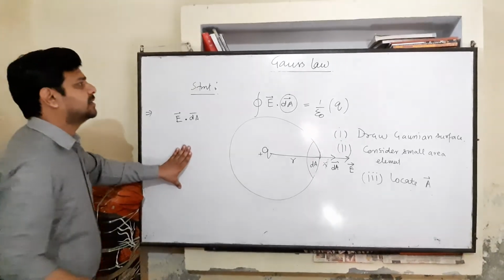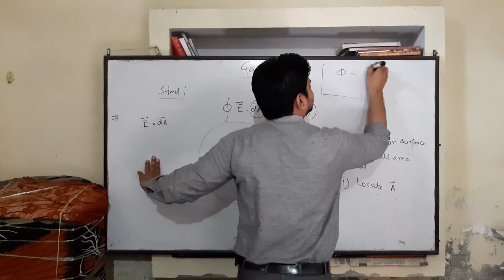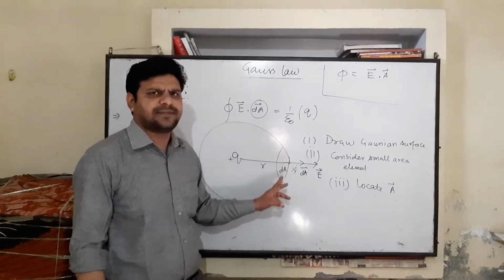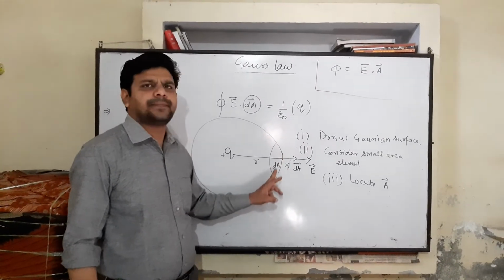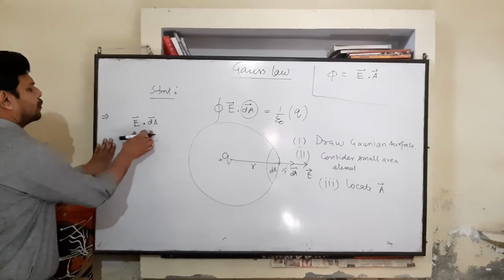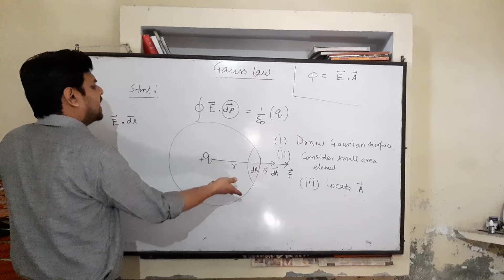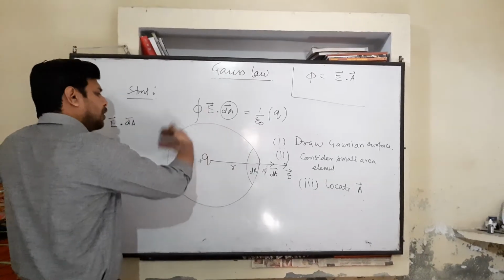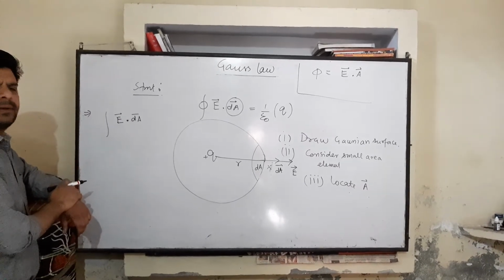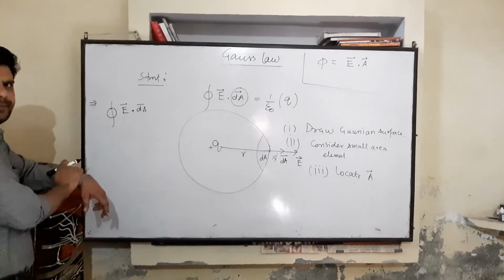I have told you the formula for electric flux passing through any surface is E dot A. If we want to calculate the electric flux only through this small area, then we have to use the formula E dot dA. Now, if we want to find the electric flux through the whole Gaussian surface, then we have to integrate it, and we are integrating for a closed surface.